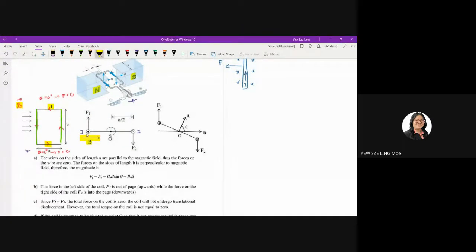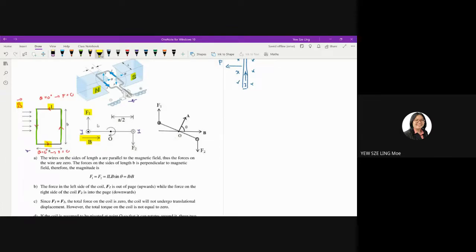For the left-hand side, I is out of the page and B is going to the right-hand side. By using the Fleming left-hand rule or your right-hand grip rule, you will find that your thumb is going upward. So force is going up on the left-hand side.